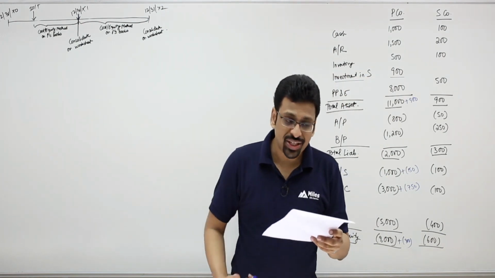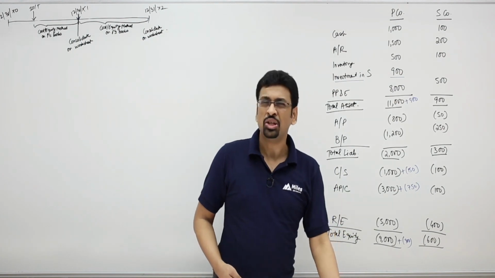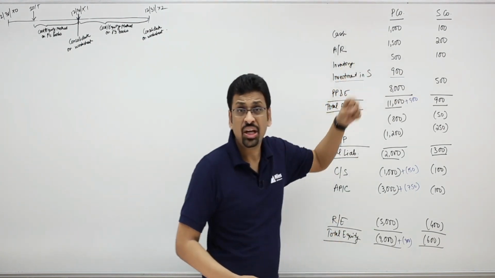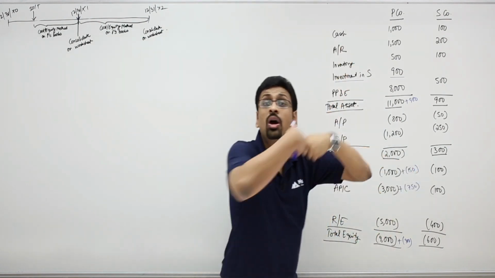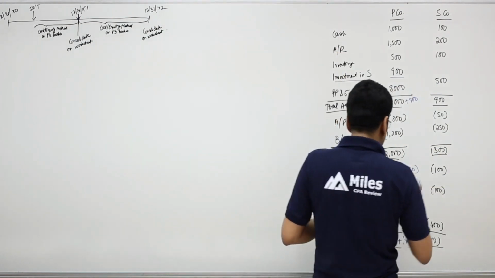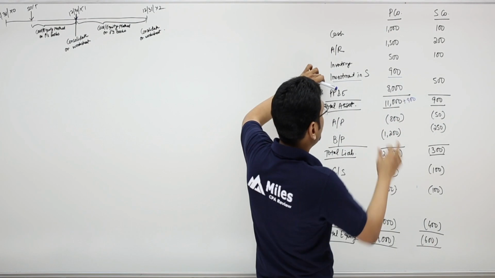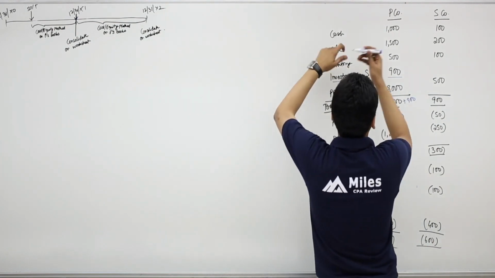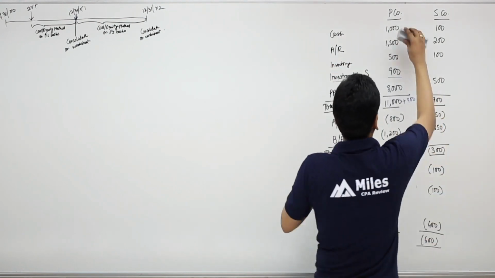The parent purchases S for a cash consideration of $900. So the parent has a lot of cash, and they use this cash to acquire all of the subsidiary. They don't issue stock now, so there's going to be no stock issuance. They're going to have this investment in S account, and cash is going to go down from $1,000 to $100.